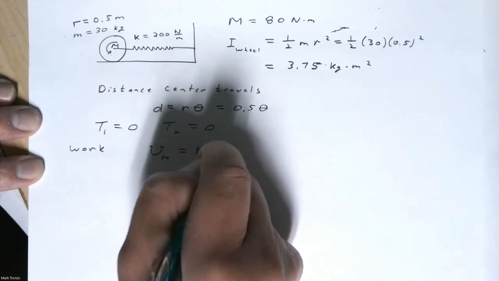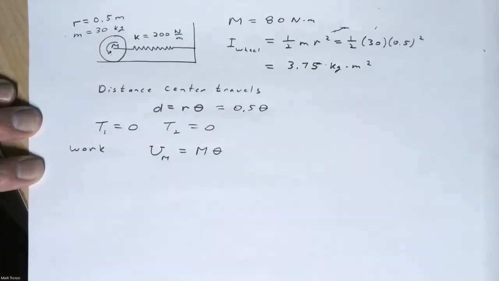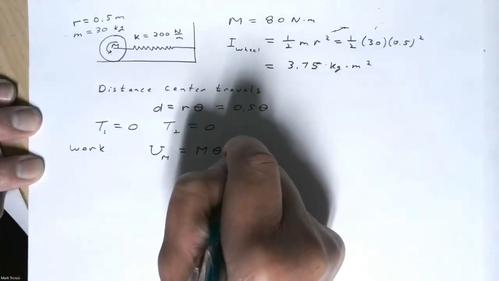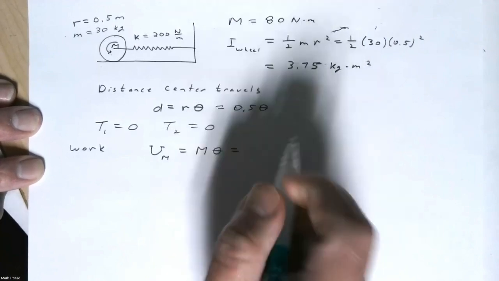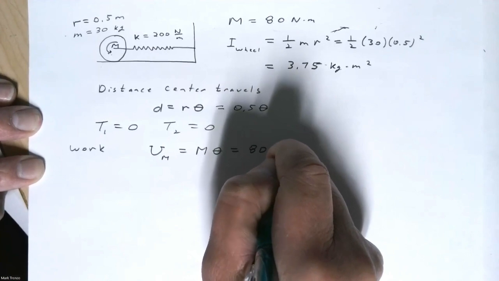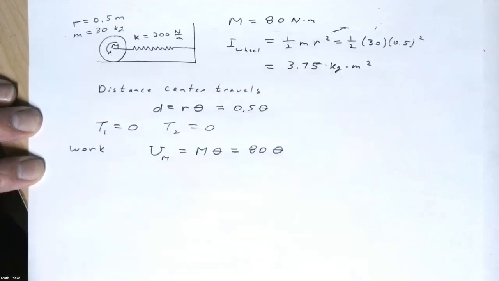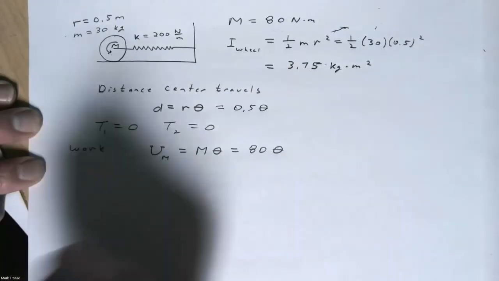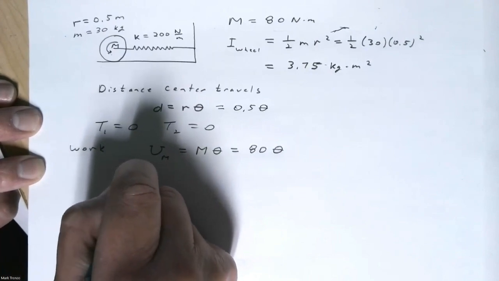Again, it's going to be M times theta, though we don't know what theta is yet, though we know that M is 80 Newton meters, times theta. Now the work of the spring.